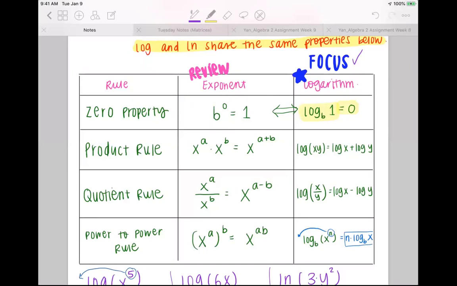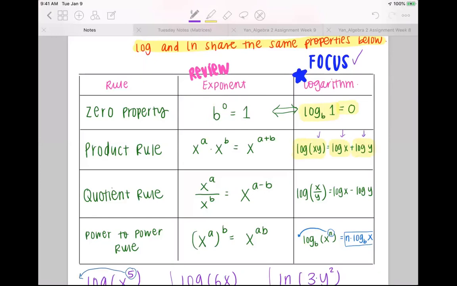Product rule. If I have just 1 log of x and y, that means when you multiply 2 numbers together, I can actually expand it and make it into log x adding log y. It's like when this is multiplication, you break it down into 2 logs.